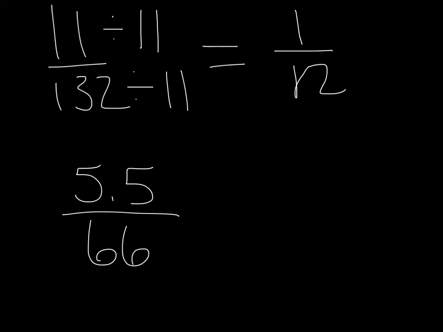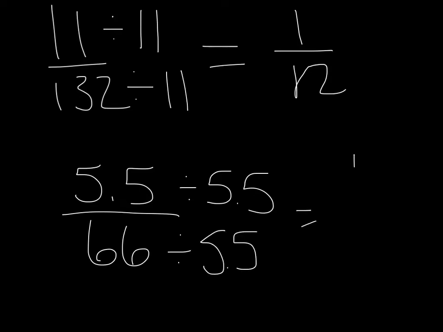I'm going to tell you what the GCF is. The GCF is actually 5.5. So we divide our numerator by 5.5 and our denominator by 5.5. That's again going to be equal to 1 over 12. So this is going to give us our scale factor.